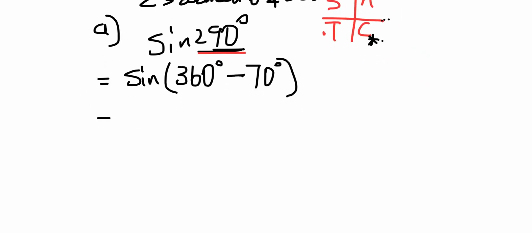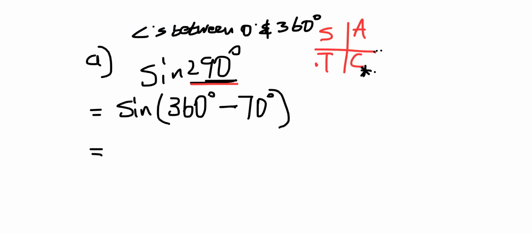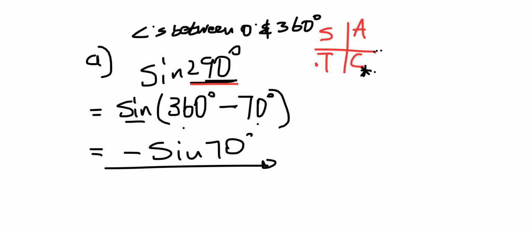So now you have your reduction formula that you can easily apply. Which quadrant? Fourth quadrant. In the fourth quadrant, is sine positive or negative? We know it is negative. That means we have negative sine of 70 degrees, and that is the end of it.